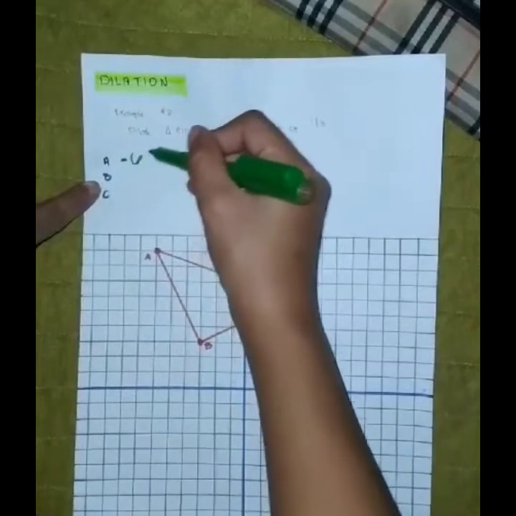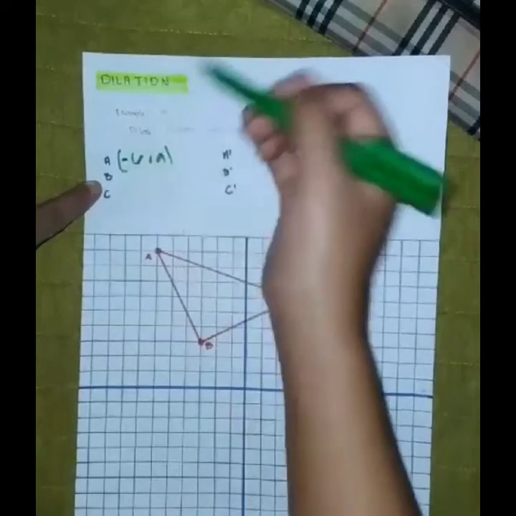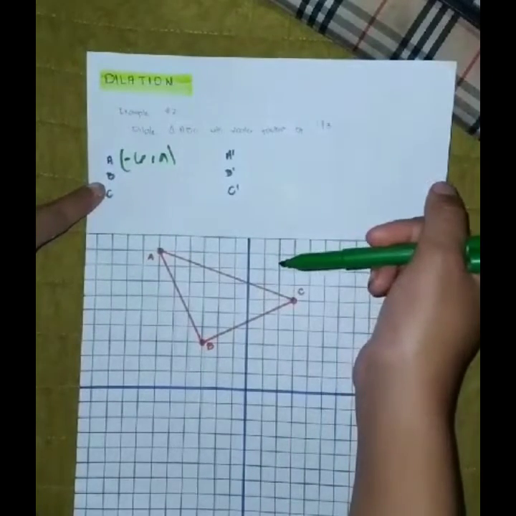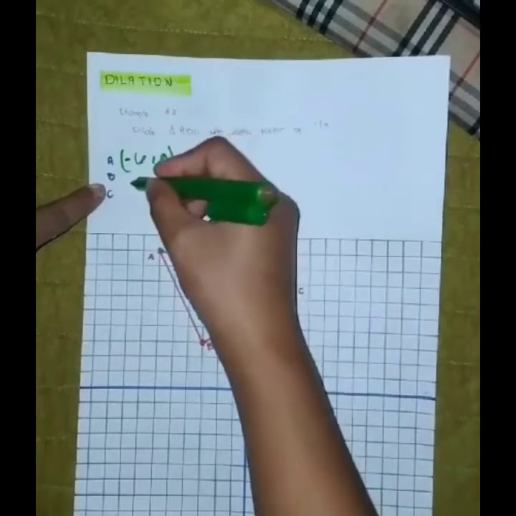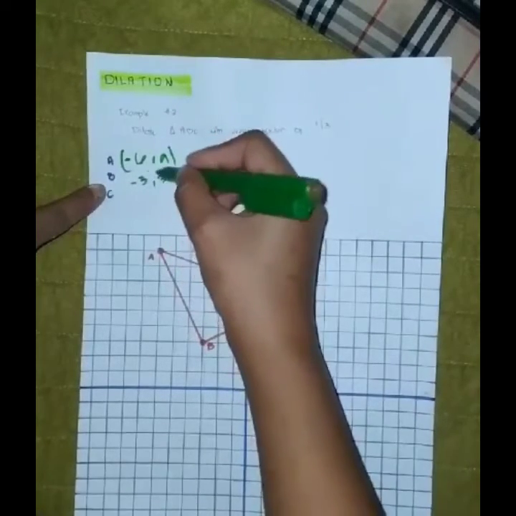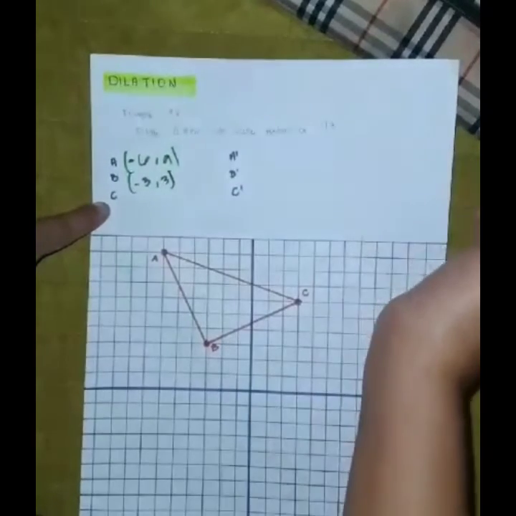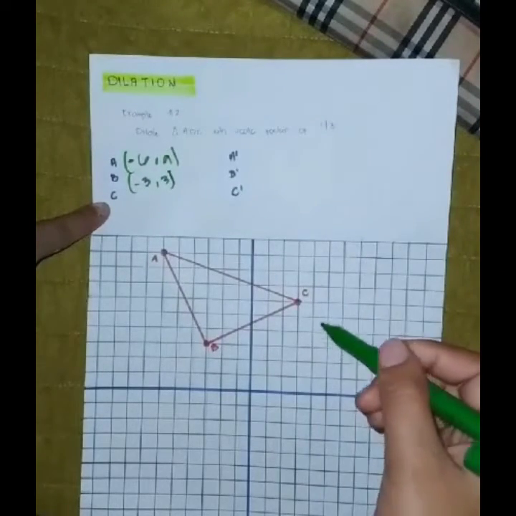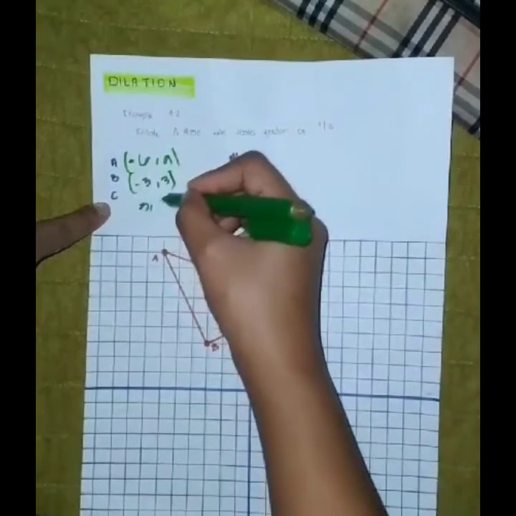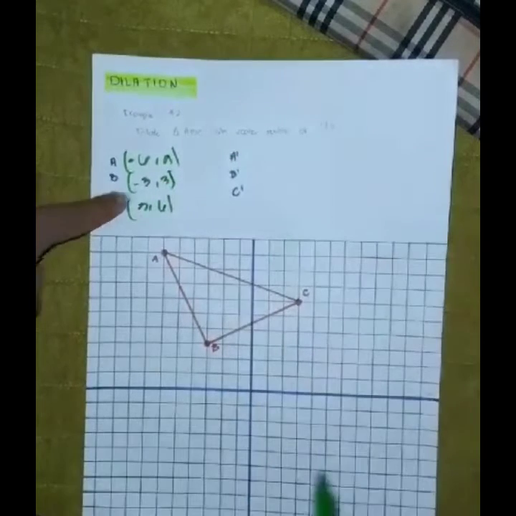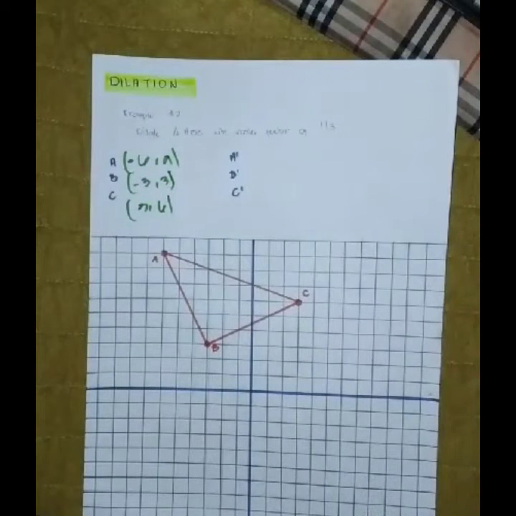Point B is negative 3 and 3. And point C is 3 and 6.